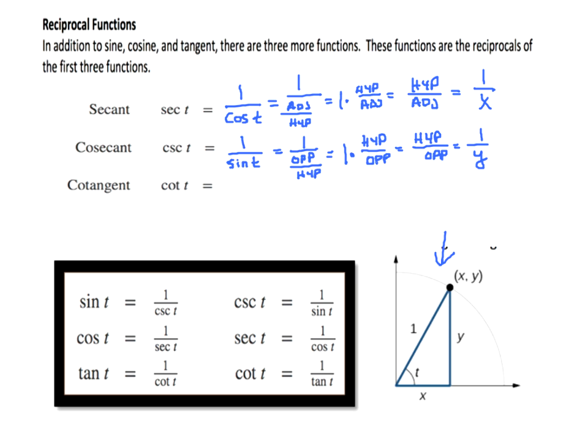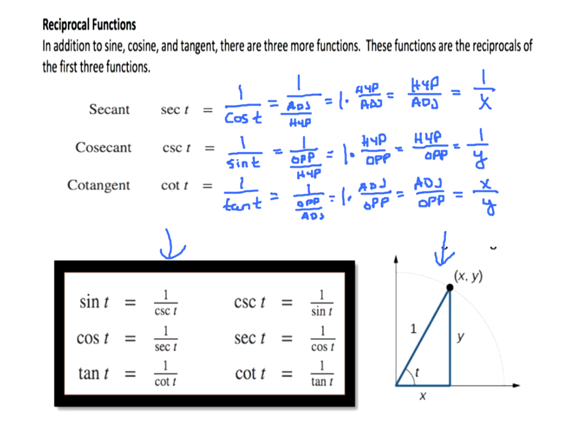And finally, cotangent is reciprocal to the tangent. So that's 1 over, well, the tangent is opposite over adjacent. So that's 1 times adjacent over opposite, which just equals the adjacent over the opposite, which is x over y.